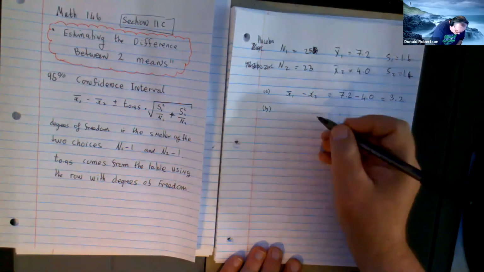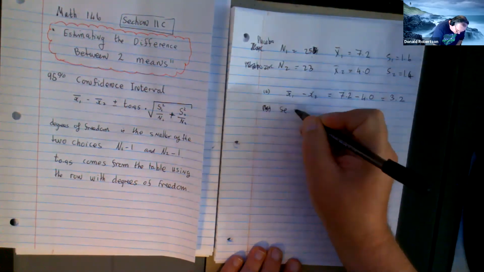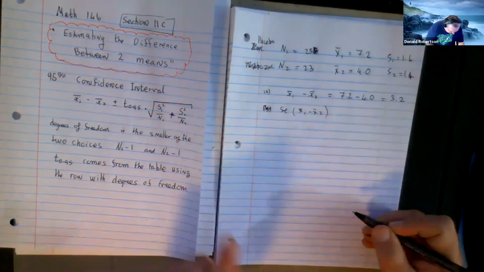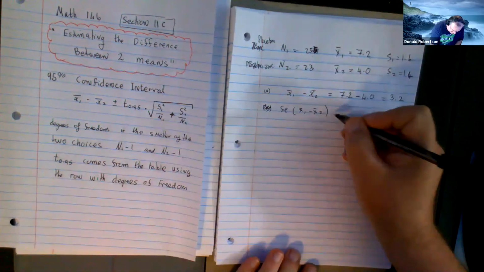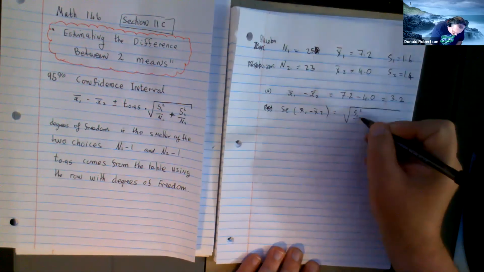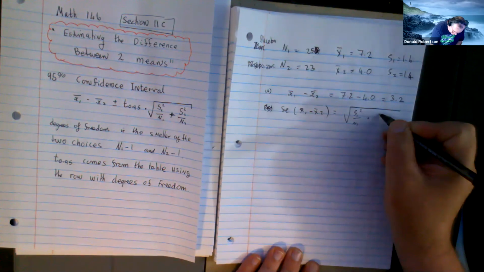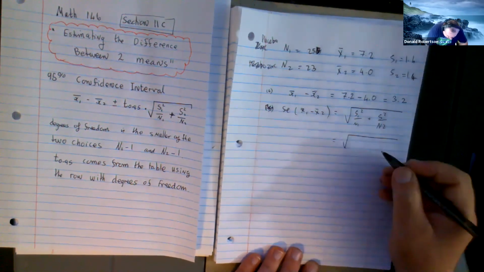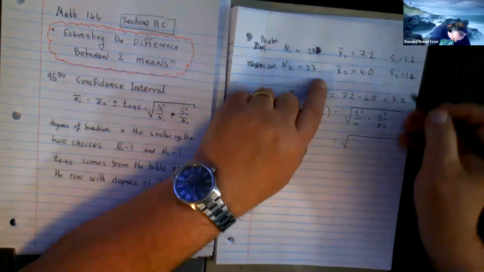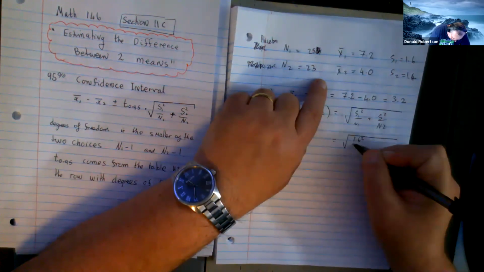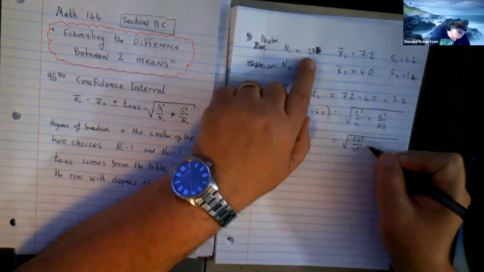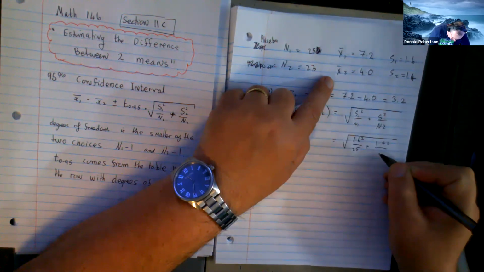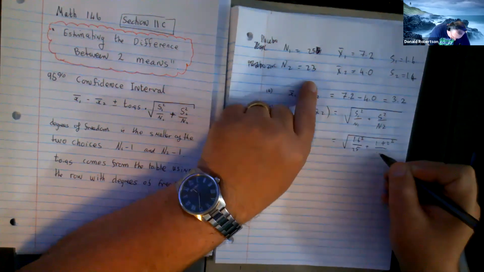They also want the standard error. The standard error is this guy plus this guy. So it's going to be 1.6 squared over 25, plus 1.4 squared over 23.